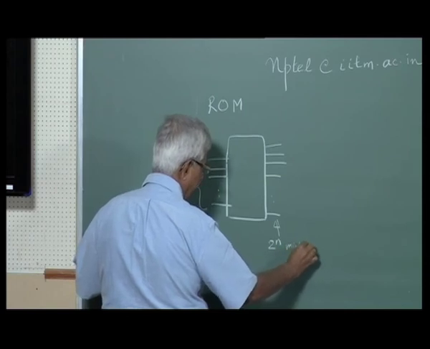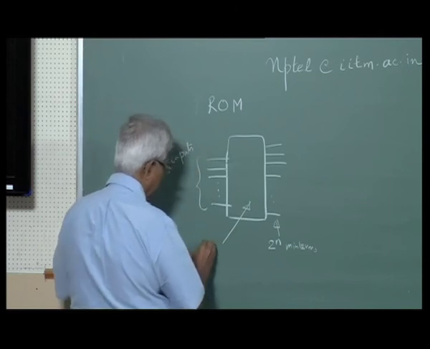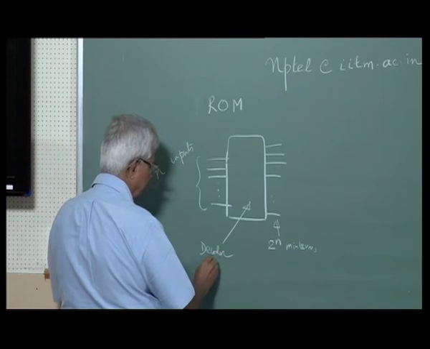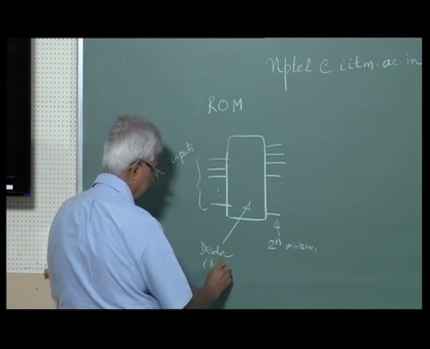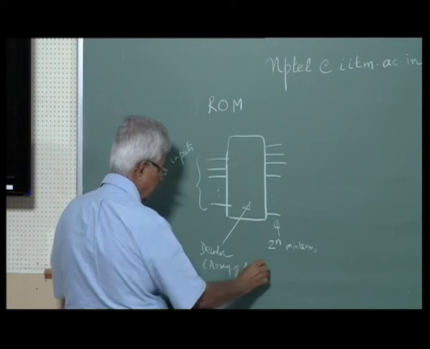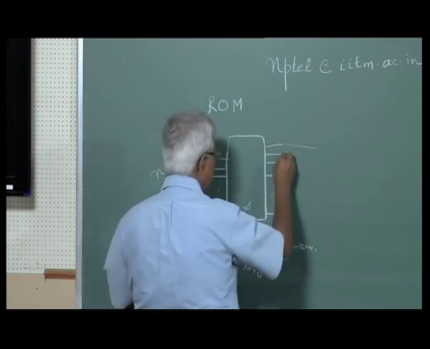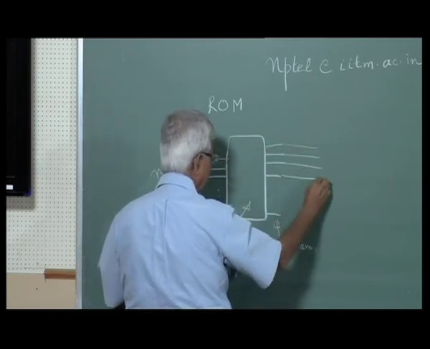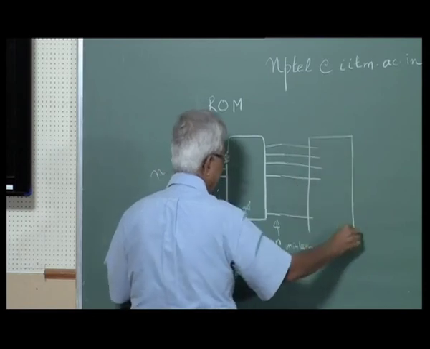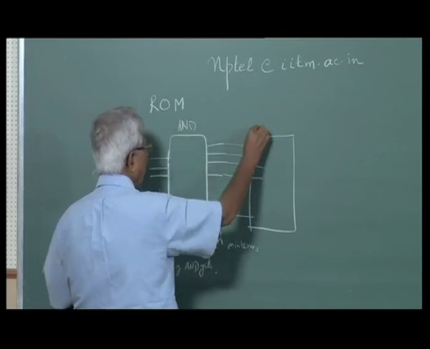So, what we have here is a decoder. What is a decoder? After all, it is an array of AND gates, different AND gates, and these min terms are given to a set of OR gates. So, this is the AND array, and this is the OR array.